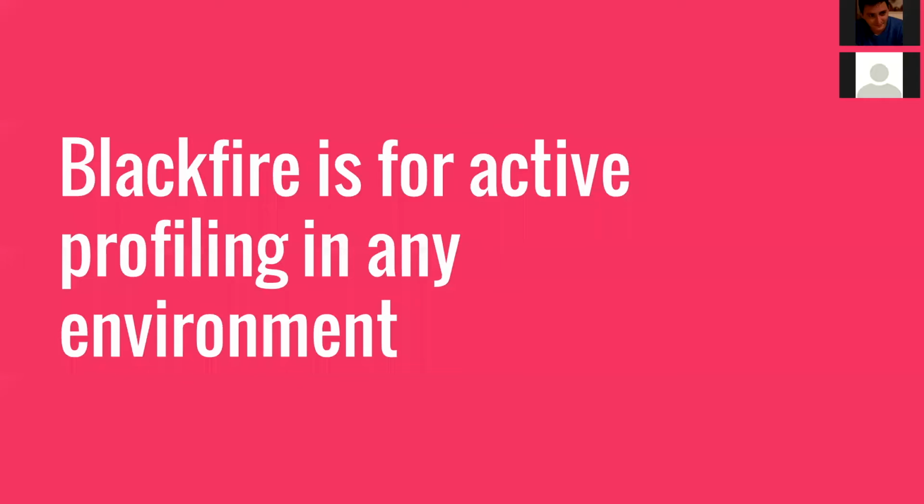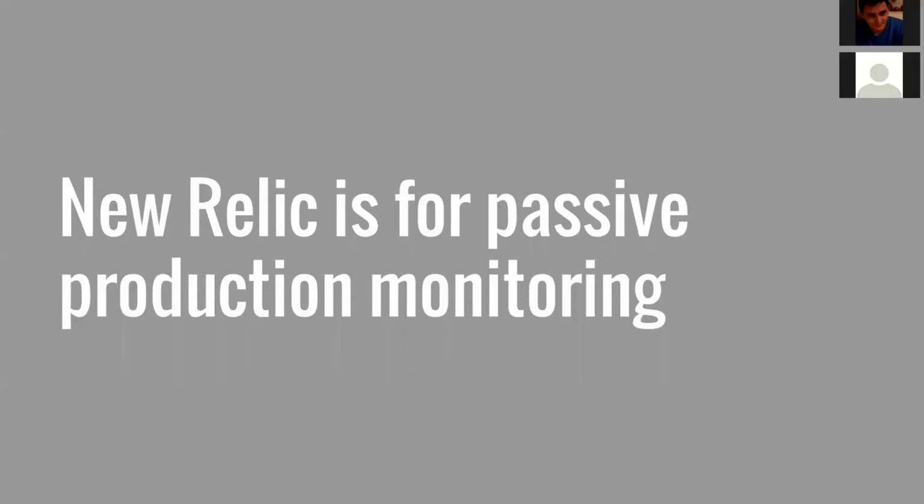One way I like to compare it is that Blackfire is for active profiling in any environment, whether it's production, QA, your dev, your local dev. You can immediately profile an item and see exactly what's going on in your stack trace and where bottlenecks might be happening. New Relic is passive production monitoring. Most people don't have New Relic running on their QA or dev servers to monitor their performance there, only on their production.